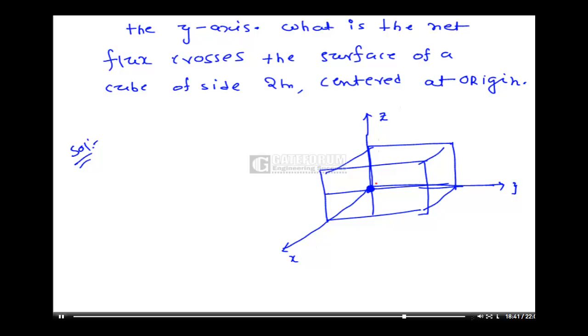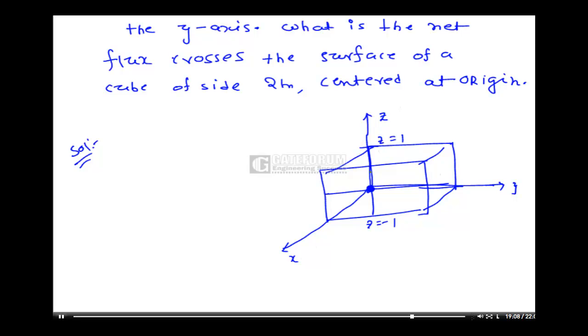So here it is given a plane sheet with density rho s equal to 40 microcoulomb per meter square located at z equal to minus 0.5. So this is z equal to 1, this is z equal to minus 1, because the cube side size is 2 meters, above 1 meter, below 1 meter, since the cube is centered at origin.